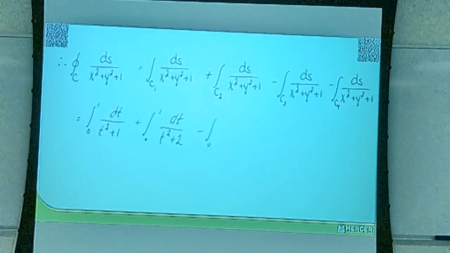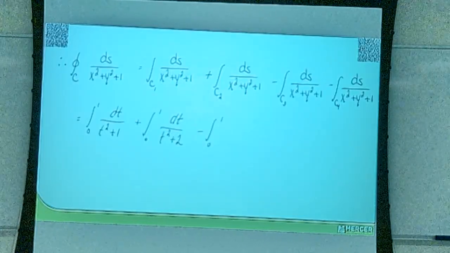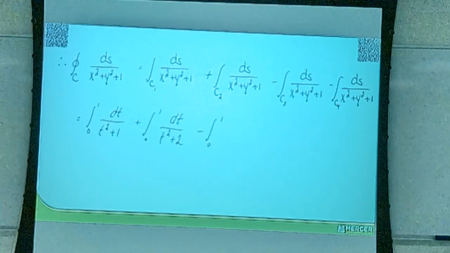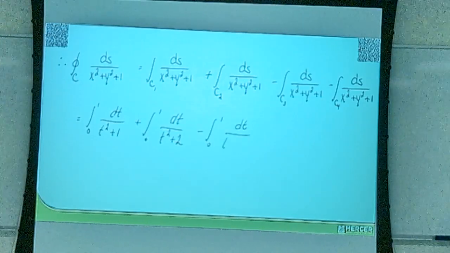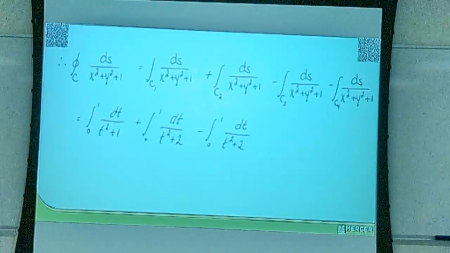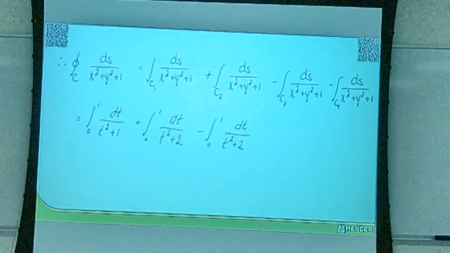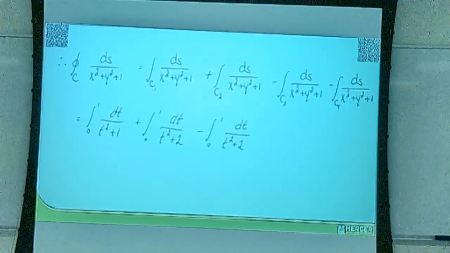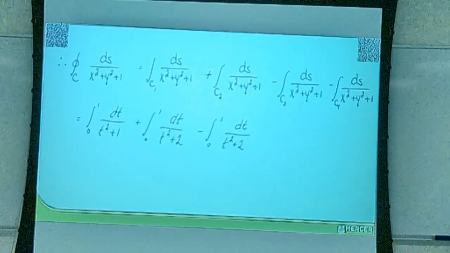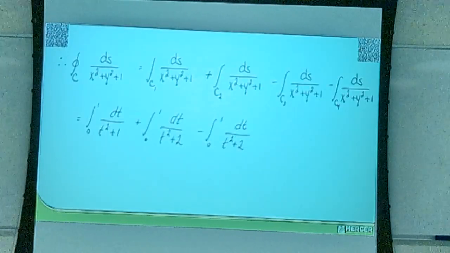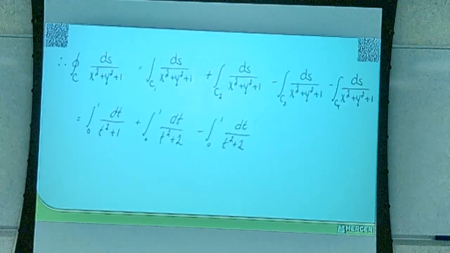Minus integral from 0 to 1. Guess we get 0. That's not going to work.